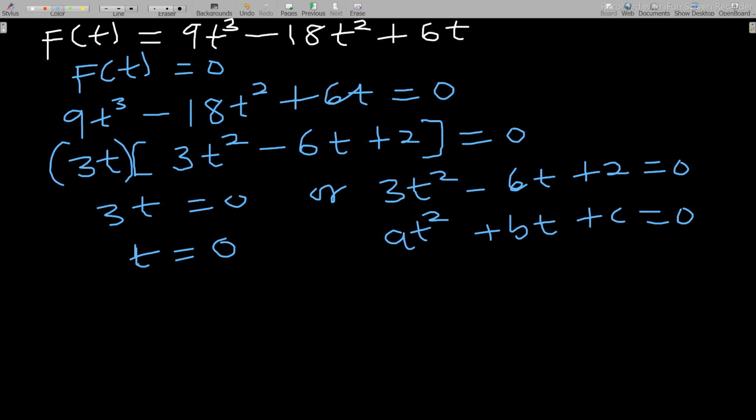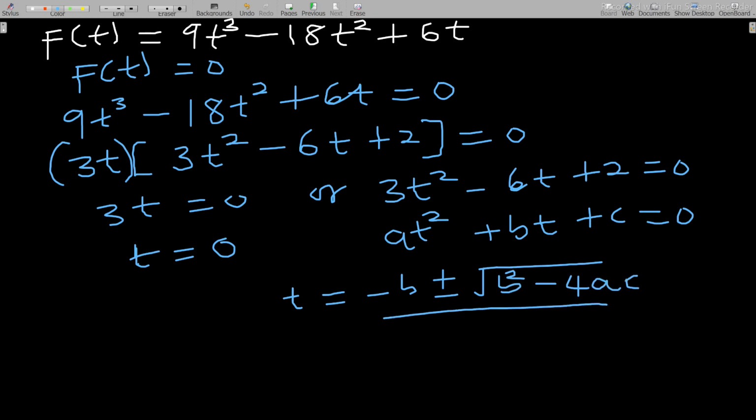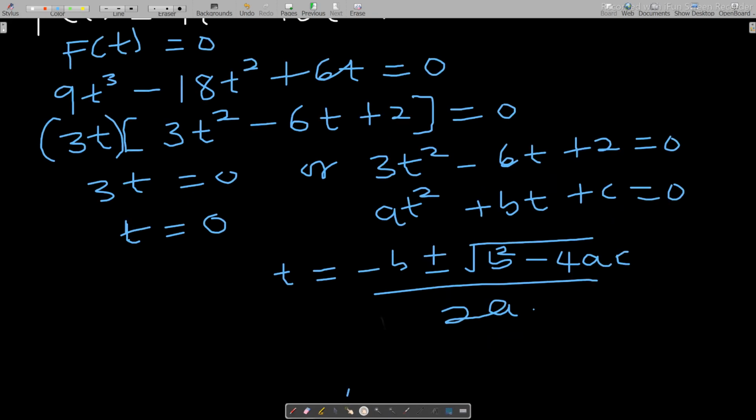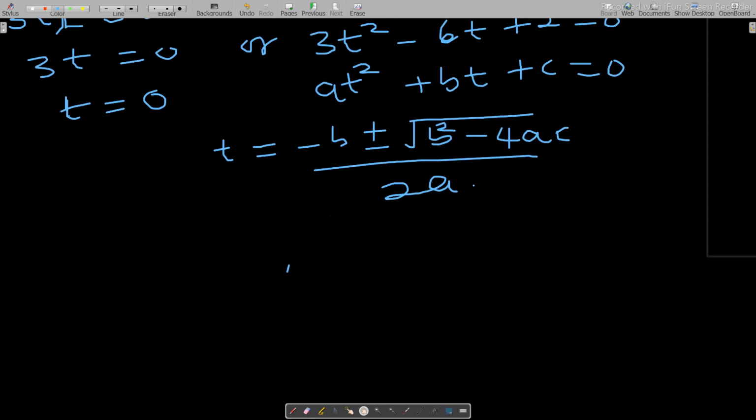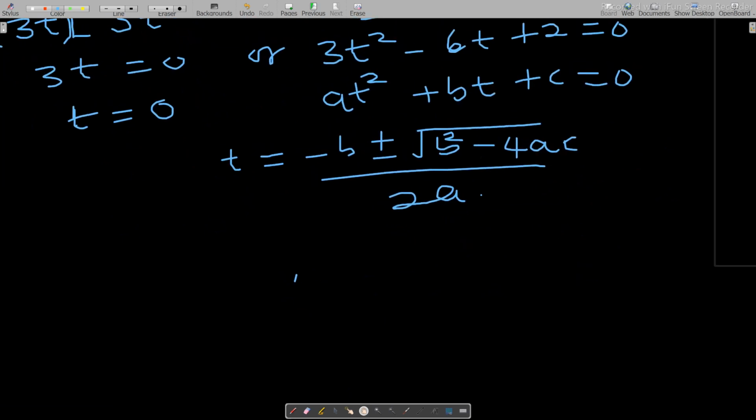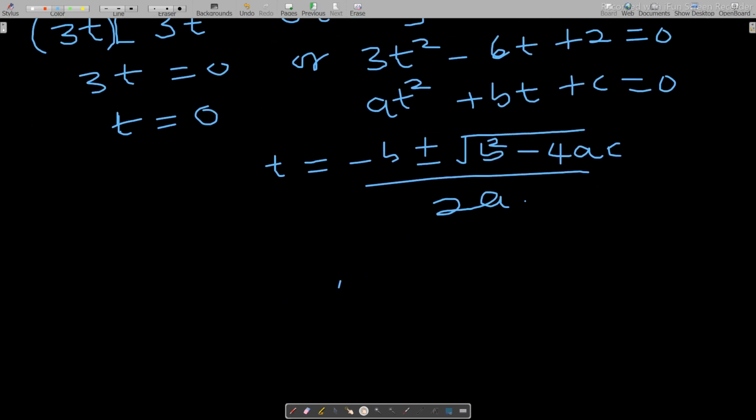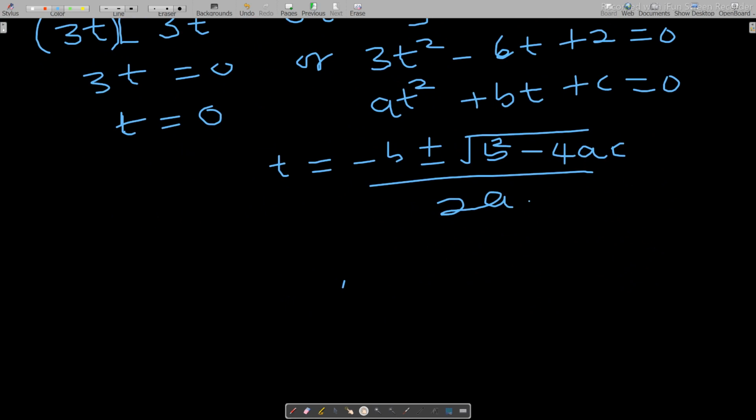Then we are saying that our t is equal to minus b plus or minus the square root of b squared minus 4ac all over 2a. And with this equation here, we can find our a, our b, and our c as well. Okay, all right, so let's see how we go about it.